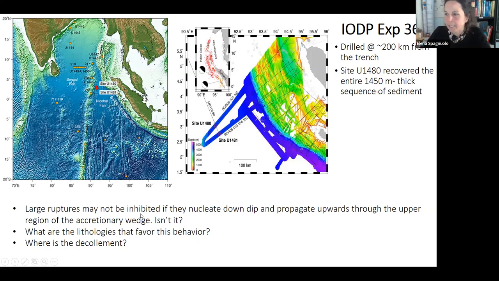And the question is again, large ruptures might not be inhibited if they nucleate down deep and propagate upwards through the upper region of the accretionary wedge, isn't it? What are the lithologies that favor this behavior, and where is the décollement? Because we don't know. And because we drilled quite far from the trench, we also have to imagine what is going to happen in there when the sediments enter the subduction zone.